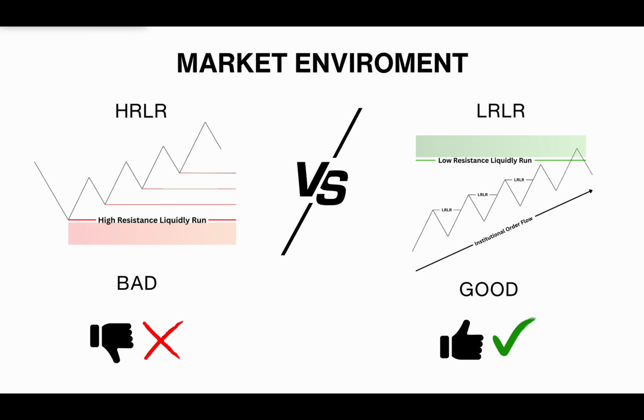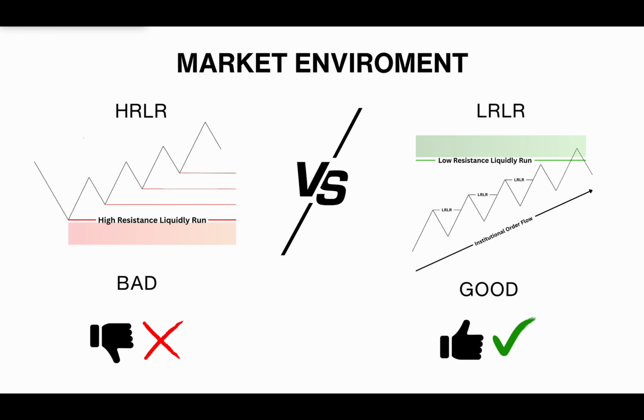So first, we're going to talk about high resistance liquidity runs. As you can see here to the right, this is what we have here, right? A high resistance liquidity run is essentially a condition in the market where price struggles to get from one point to the next. These markets usually happen in seek and destroy days.